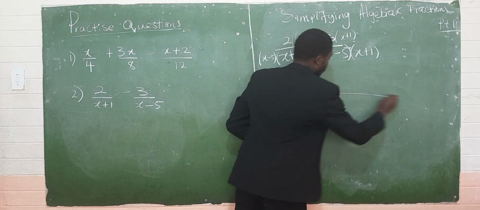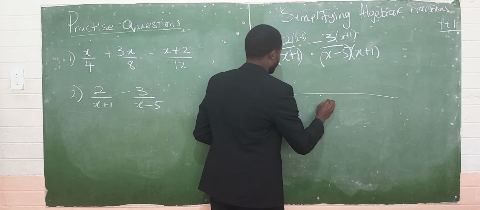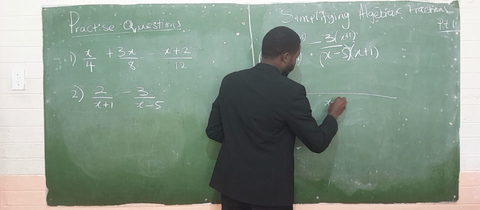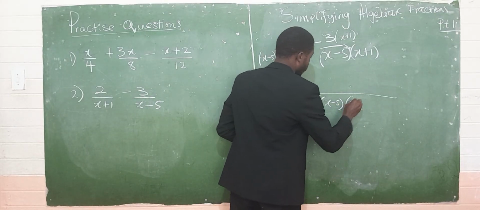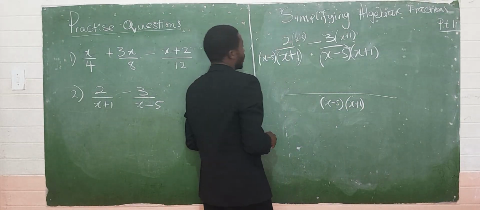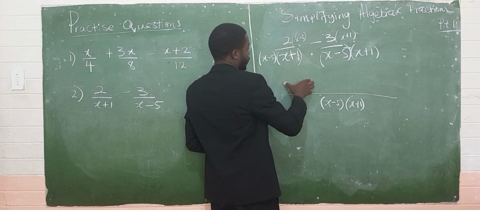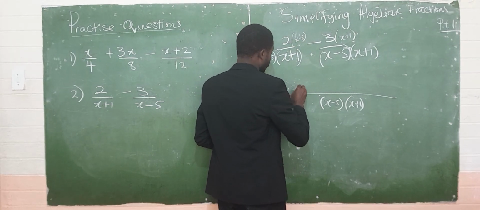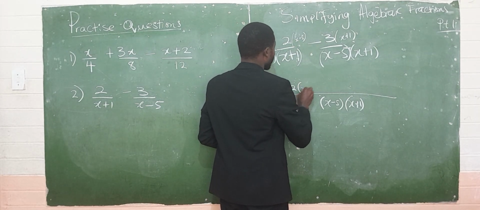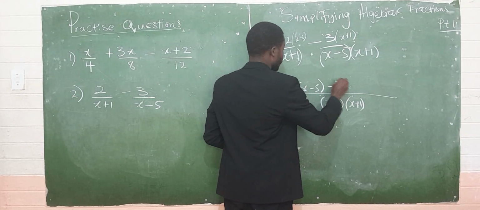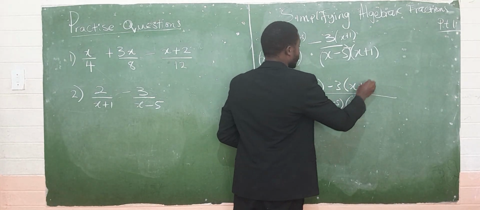So I'll take that same denominator, which is going to be x minus 5 and x plus 1. And I'm going to take these as they are, 2 times x minus 5 minus 3 times x plus 1.